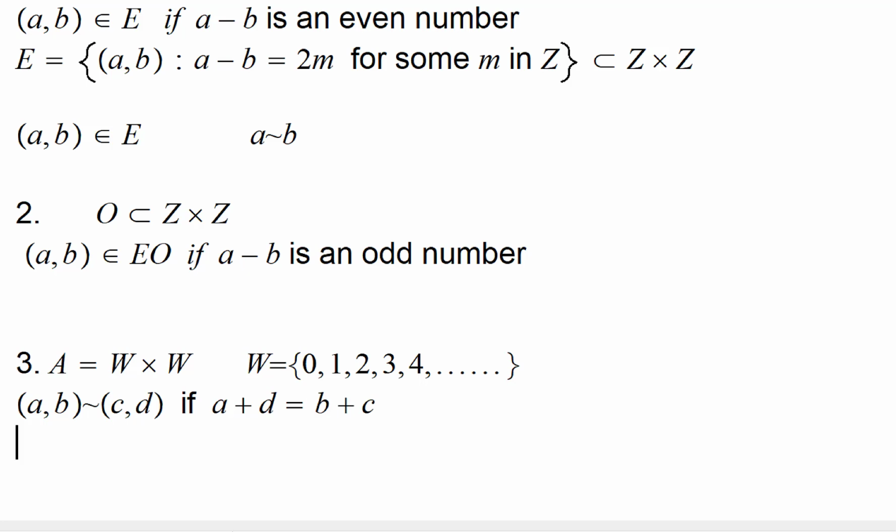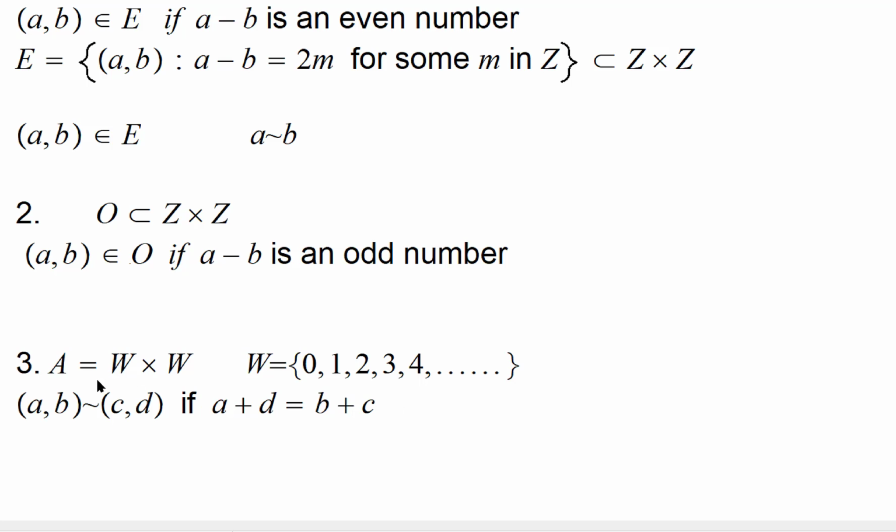So two elements of W cross W are related if A plus D is B plus C. I'm not writing this in the first and second component form because it's going to get too crowded.